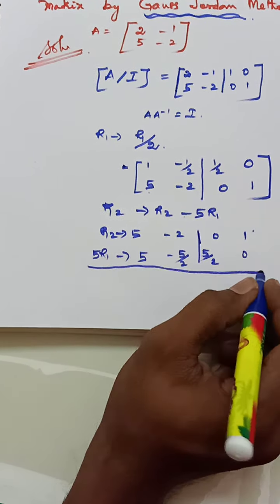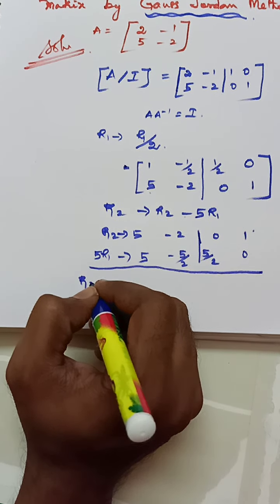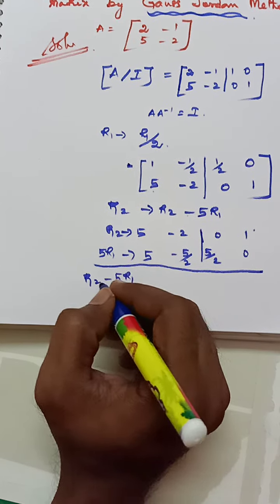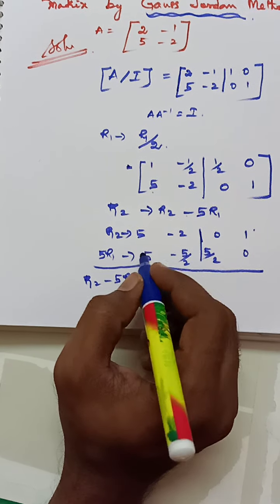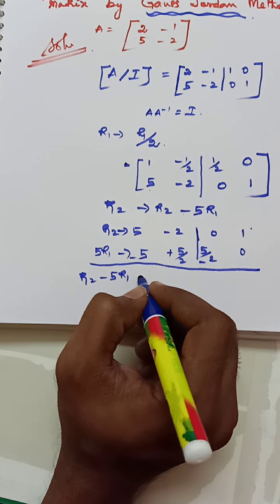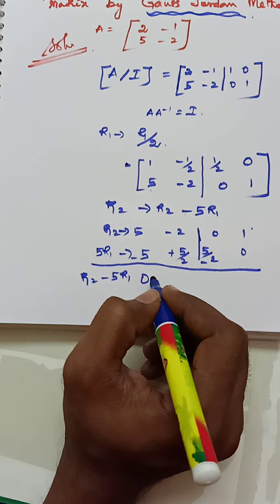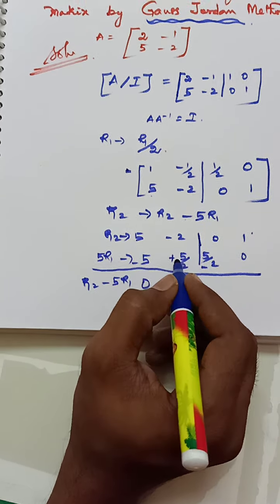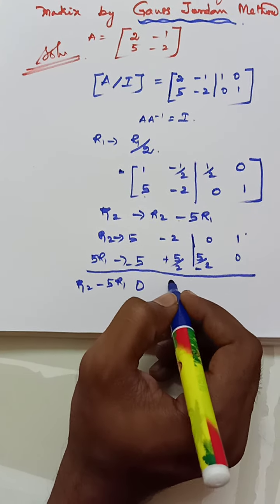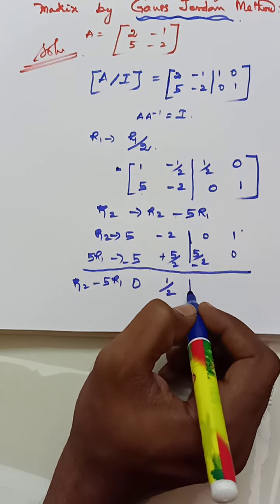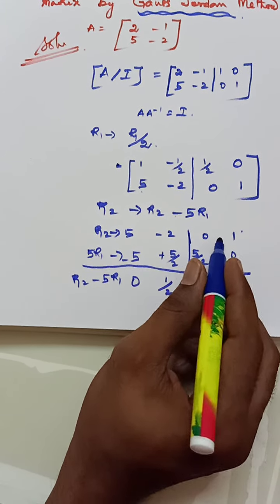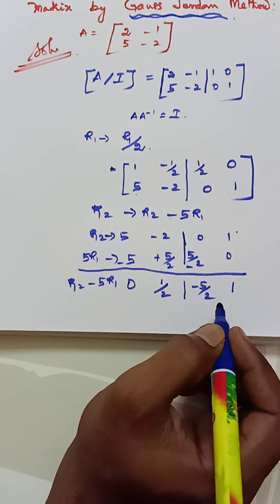What is your subtraction? R2 minus 5R1, minus plus minus. So it is 5 minus 5, 0, minus 2 plus 5 by 2, it is minus 4, so it is plus 1 by 2, it is minus 5 by 2, and this subtraction again 1.